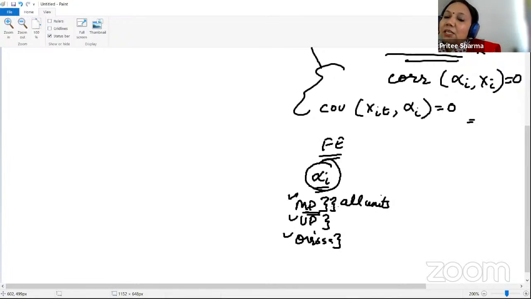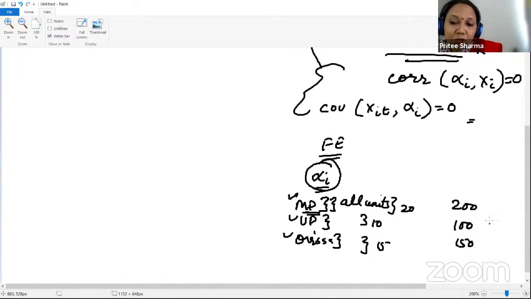Suppose there are only 10, 15, 20 units, it might be possible to have complete data. But suppose that instead there are 200, 100, 150 units and it is not possible. Then you would draw a random sample from there, for example 20 units, 10 units, 15 units.